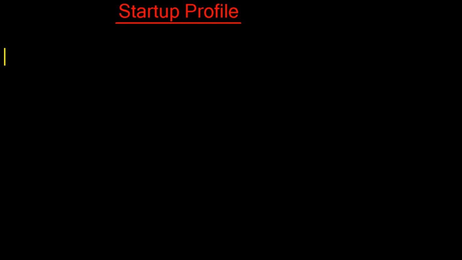If you want to start the SAP system, just go to SAP MMC and select the system you want to start. Just right click on it and choose Start. So this is what we do from our side. Whenever we click on Start in SAP MMC, the system will check whether the startup profile exists or not at OS level.